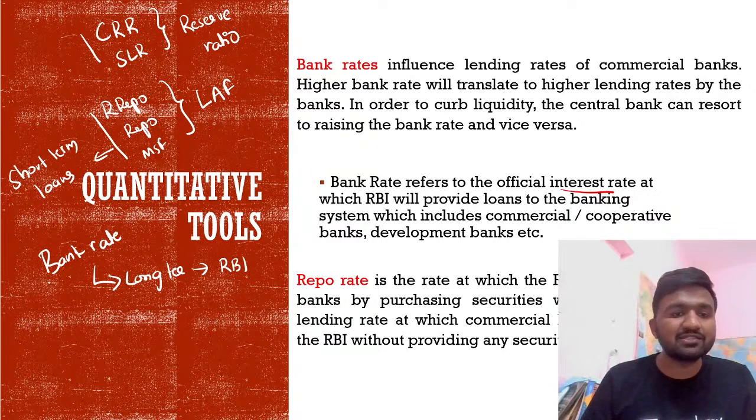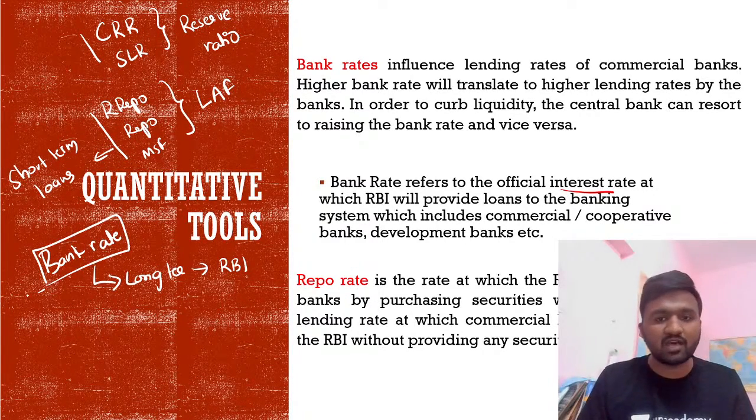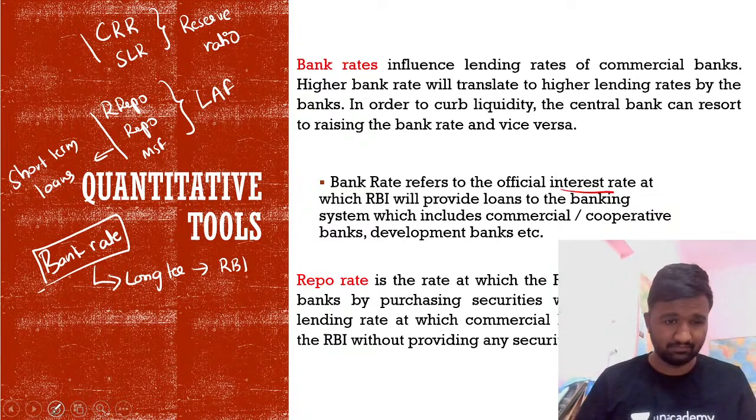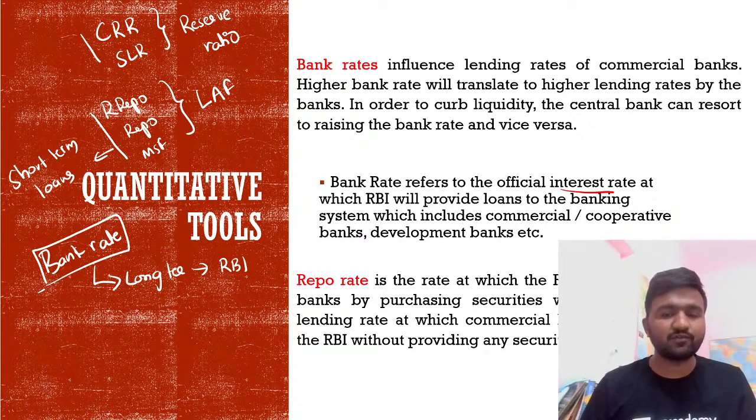That rate is called bank rate. Bank rate refers to the official interest rate at which RBI will provide loans to the banking system, which includes commercial banks, cooperative banks, development banks. Whichever banks ask for the loan, they will provide loan to those banks.